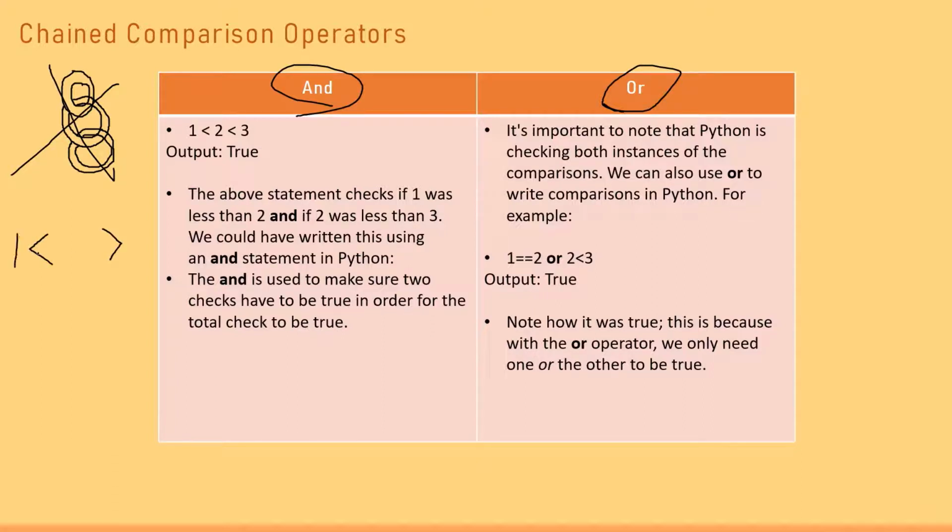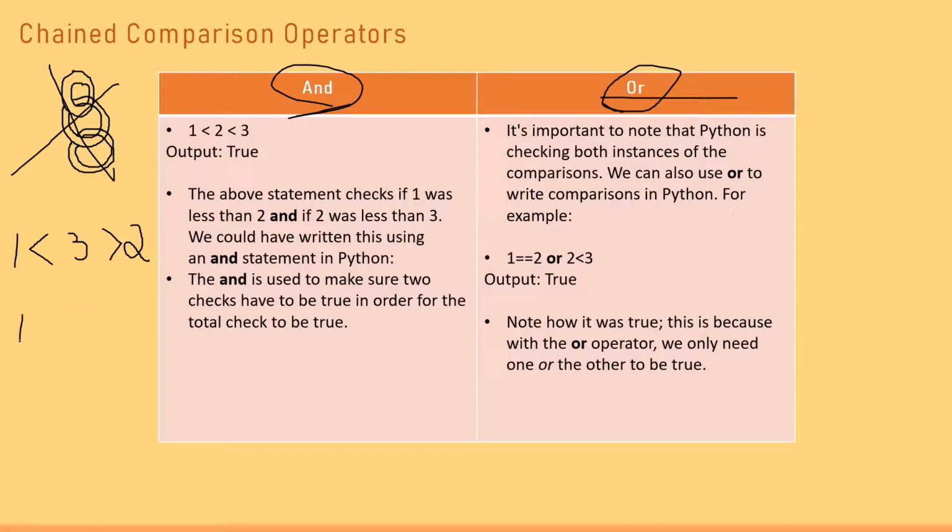Let's say 1 is less than 3, but 3 is greater than 2. It can also be written with and, or operators.